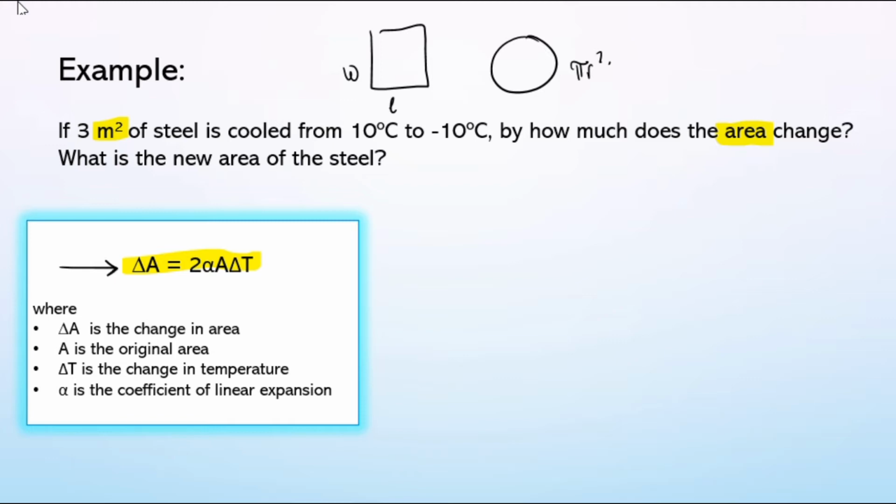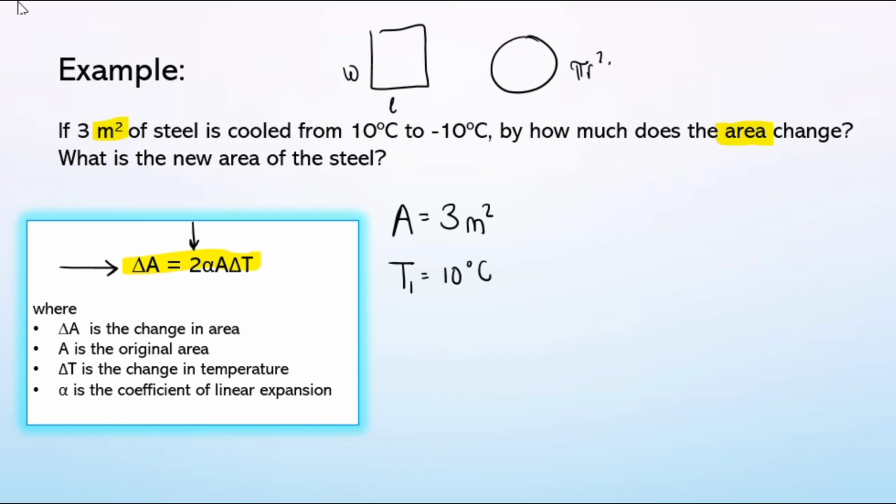We're going to use the change in area formula. Change in area is equal to 2 times the coefficient of linear expansion. This is the new thing, times the original area, times the change in temperature. Okay, so let's start with the original area because it's the first thing I see written down. 3 meters squared. Our original temperature is 10 degrees Celsius.